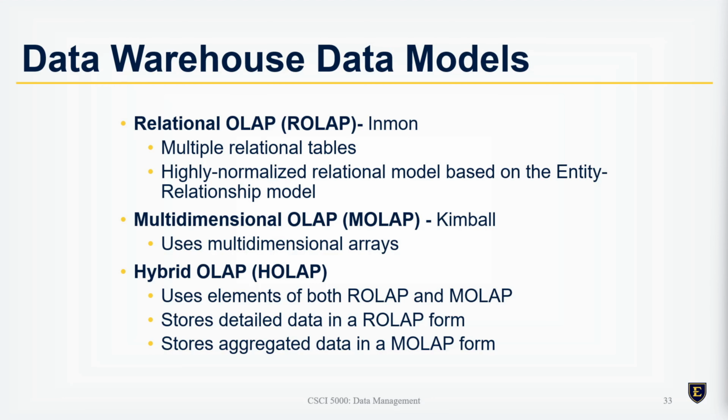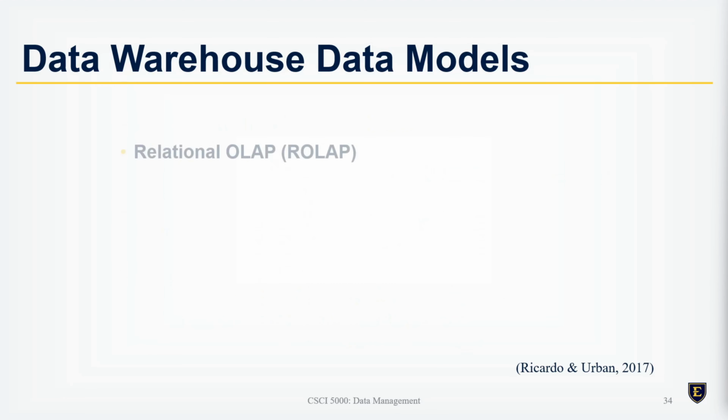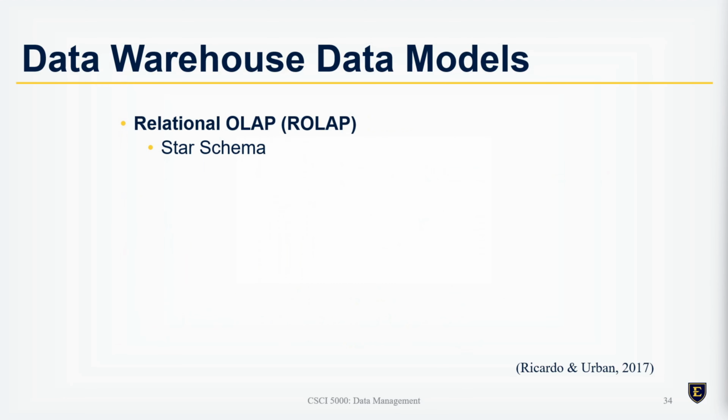On the relational side, we have a couple of different designs that are created. The first of those designs is called a star schema. The star schema has two types of tables associated with it. And again, remember, this is relational, so these will be tables just like we're used to and familiar with.